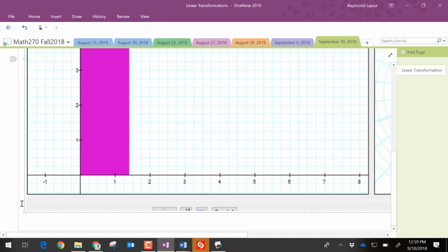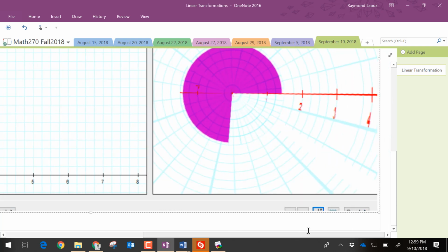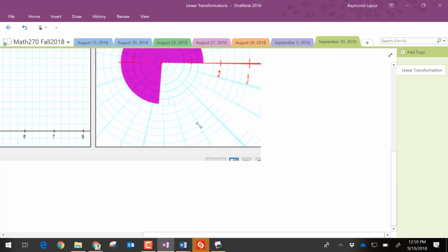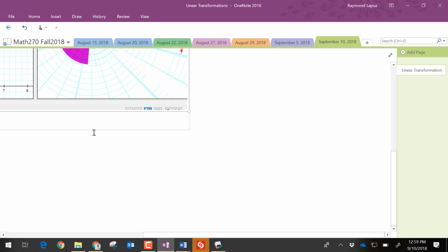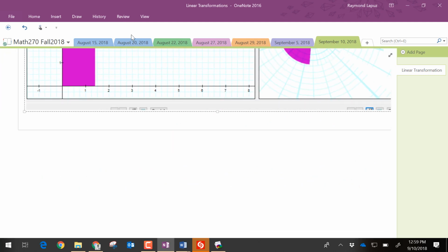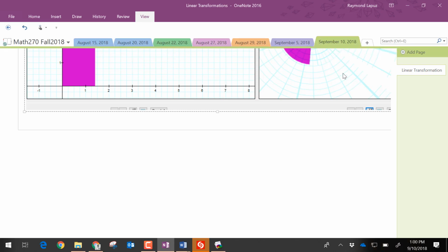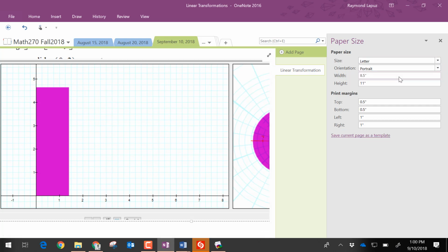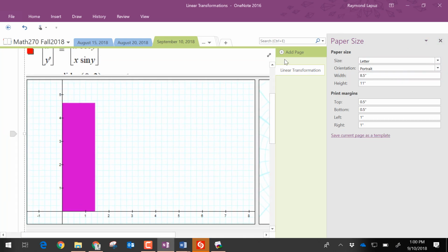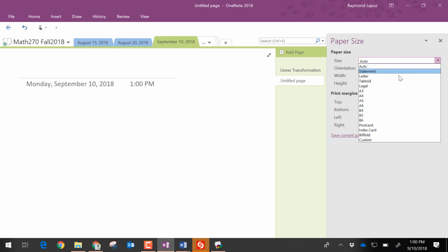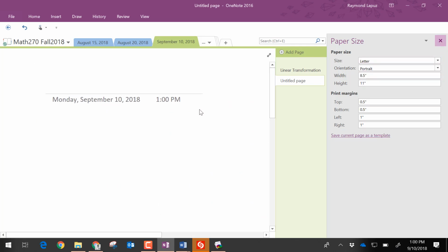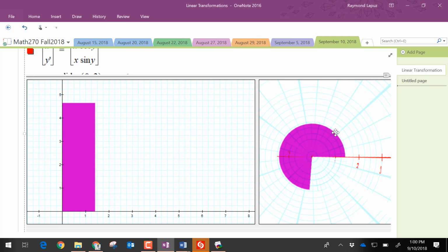Way too big. Forgot to adjust my page size. Sorry. Let's adjust the page size.